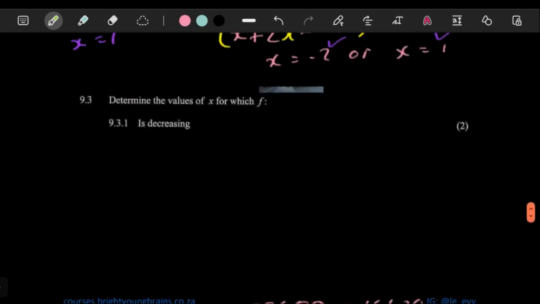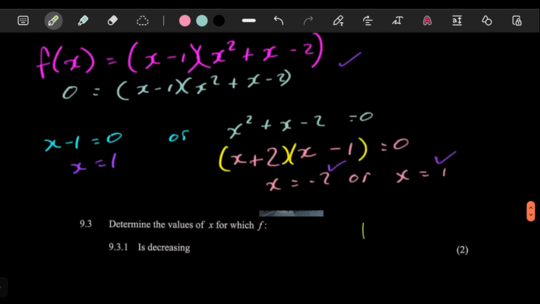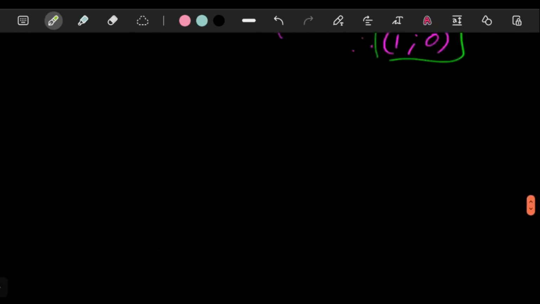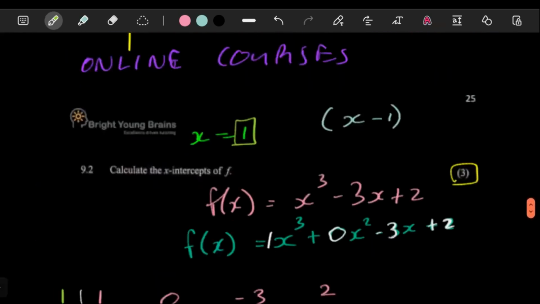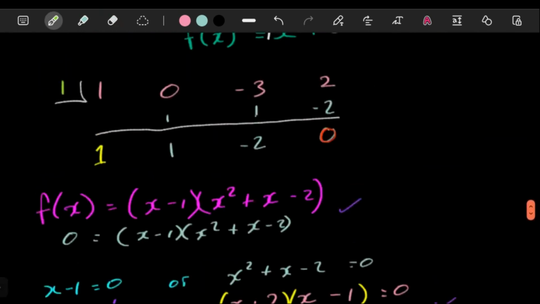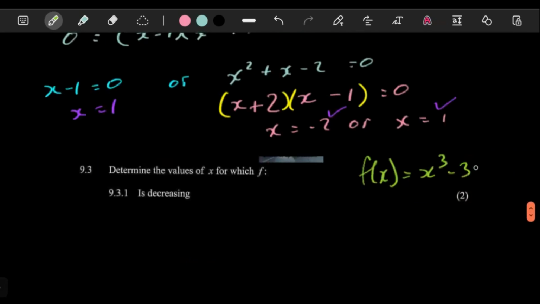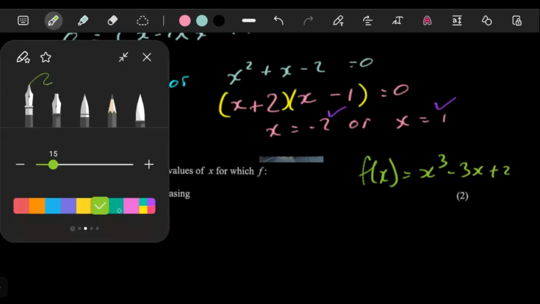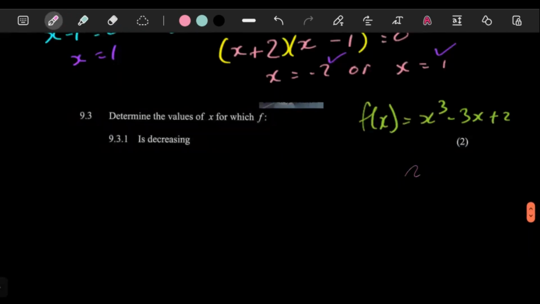And it seems like it's a positive cubic function, because f of x is x cubed minus 3x plus 2. The coefficient of x cubed is a positive number, so the graph is going to go up, down, and then up again, you see.